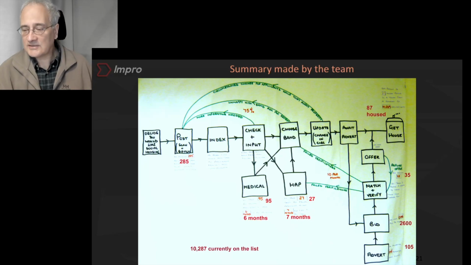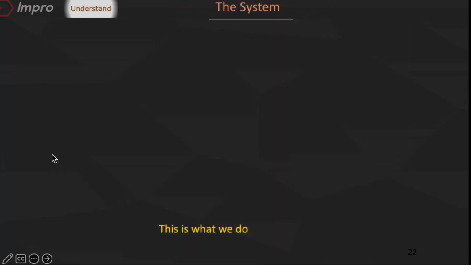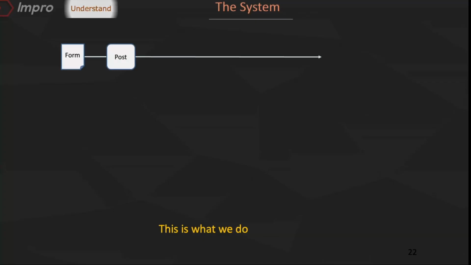So I asked the team to put the whole picture of how their system works on one slide. And I'm going to take you through this now so that we can understand what this actually looks like, how the whole service works. Forms come in either online or paper-based, and we have to match that up with the person whose records we have.